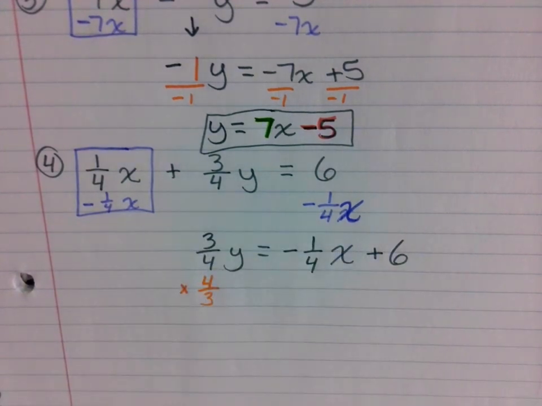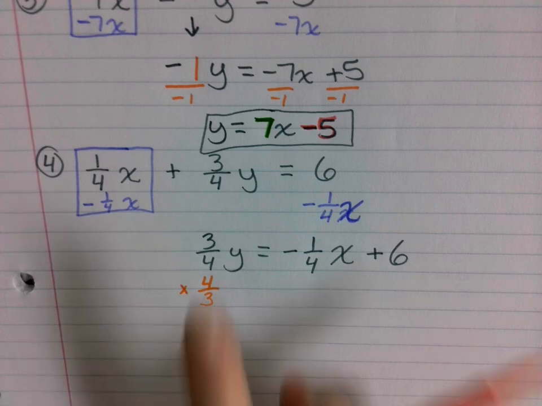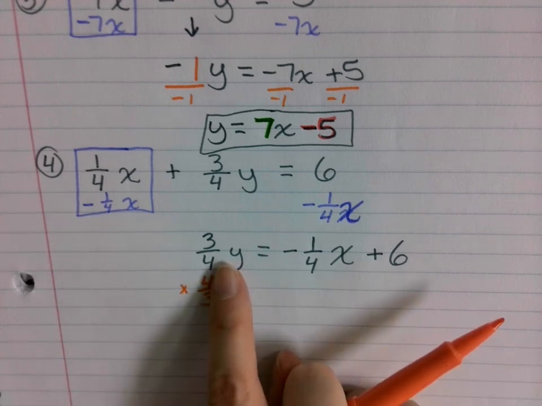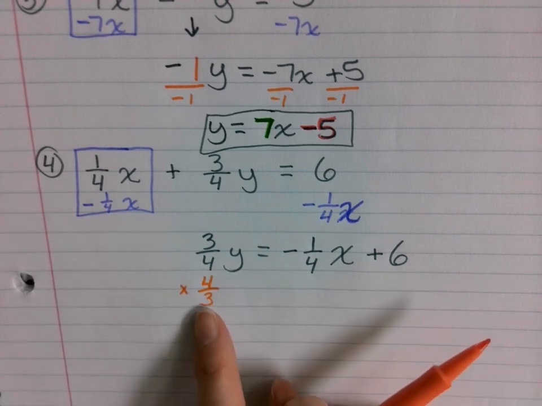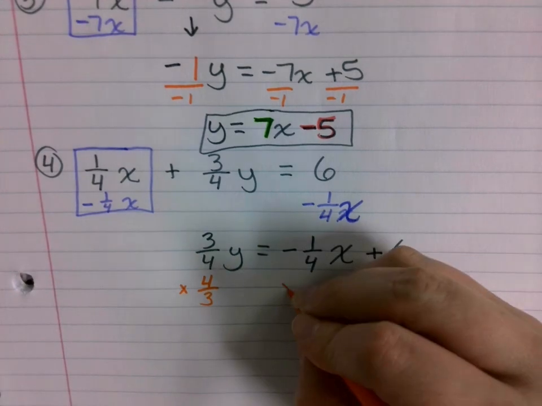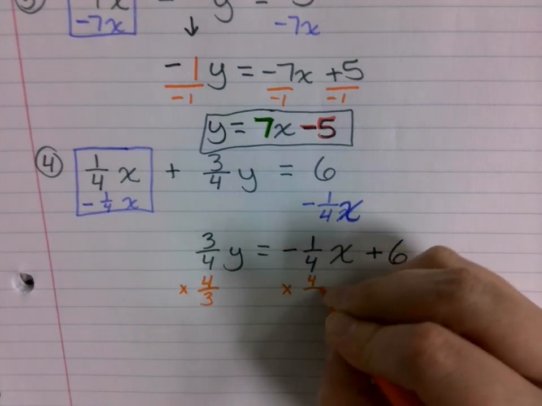Yes, you can technically type into your calculator divide by 3/4 and it'll do it all for you. But you need to know that division of fractions is really multiplication when it comes to milestones. Those are the kinds of questions that will show up on those 10 questions that they don't let you use a calculator for. You need to understand that division for fractions is really multiplying by the reciprocal. So we're going to multiply everything by 4/3.